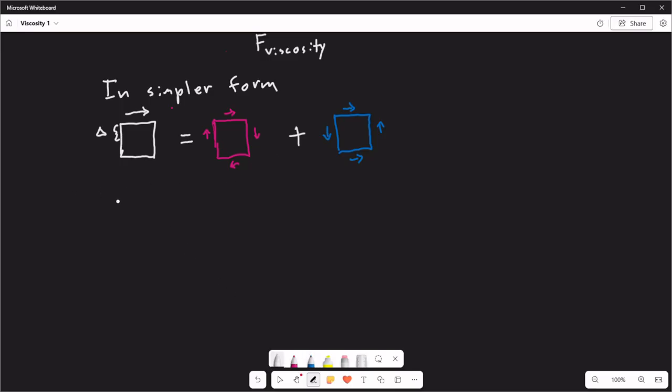So the way to write this out is this way. So you basically have du x dy, which would be the expected term, times... so that would be basically the expected difference in velocity between the top and the bottom.